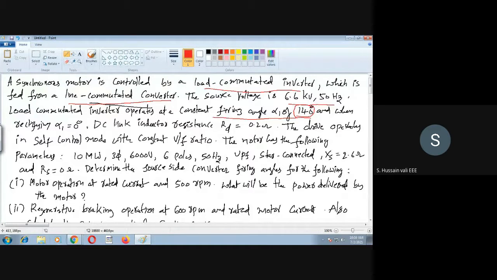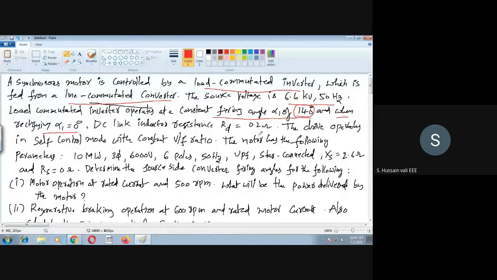Okay. So you must understand it remains constant, and when rectifying, alpha 1 is equal to 0. It means the rectifier angle, because you have a rectifier and an inverter. So the inverter angle he has given: the load commutator inverter operates at a constant firing angle of 140, and when rectifying, alpha 1 is equal to 0.